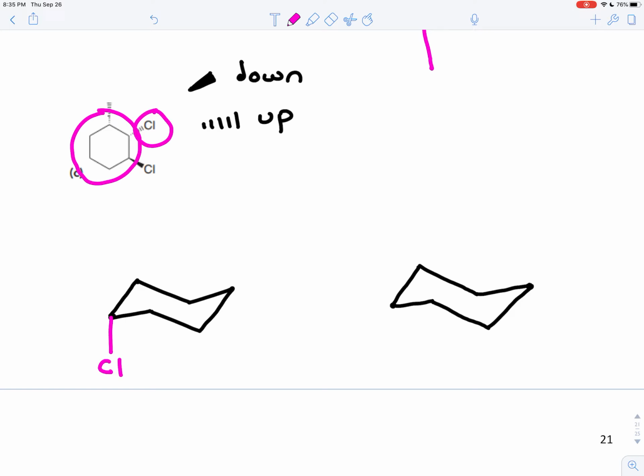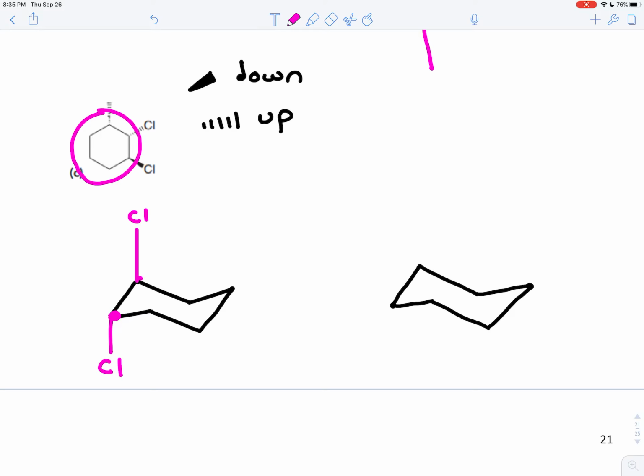Okay, so if that's axial going down, this next one is going to be going up. So which carbon, it could be on either of those two carbons. Either way, you'll get the same answer. I'm going to do the one in the back because there's more drawing room there for going up. So this now has to go up. And on this position, up is axial, because it switches as you go one to the other.